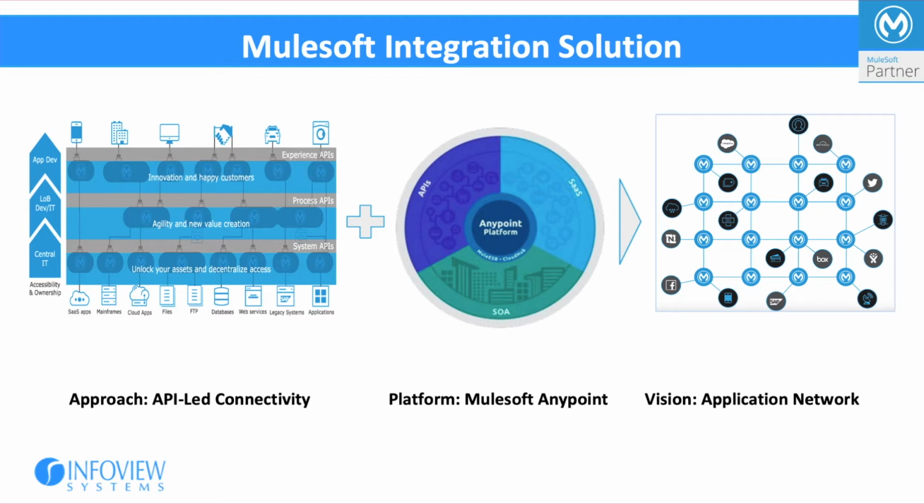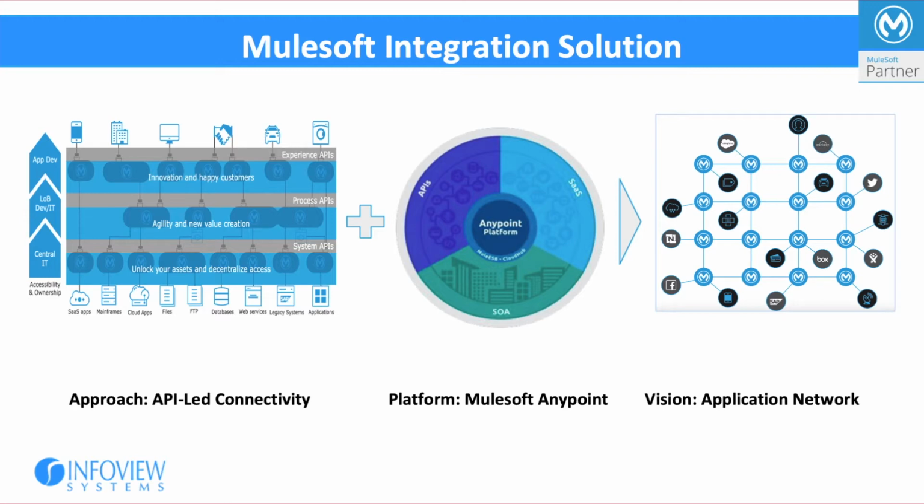API-led connectivity is also a layered approach. The system API layer connects to the core systems. In the process layer, or process API, we implement the orchestration, the business logic, basically the transformation logic. The UI layer, called the experience layer, connects to different kinds of UI systems like mobile, web-based applications, or any other UI-based systems.